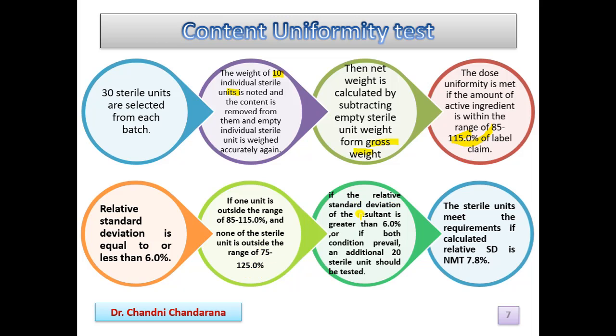If the relative standard deviation of the result is greater than 6, or if both conditions prevail, then an additional 20 sterile units should be tested. Meaning if both conditions are not met, then we have to test another 20 sterile units. The sterile units meet the requirements if the calculated relative standard deviation is not more than 7.8%. So this is how we can perform the content uniformity test.